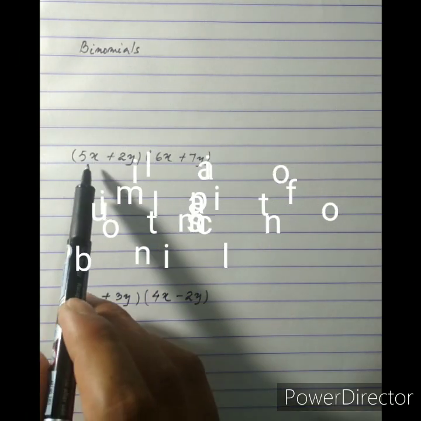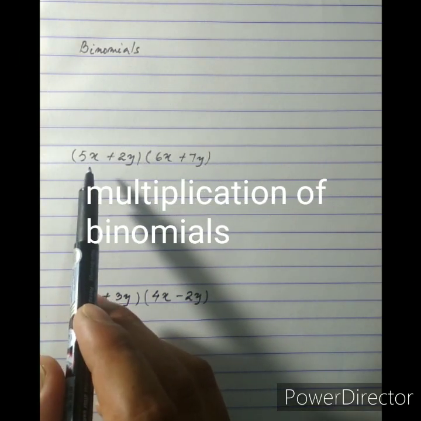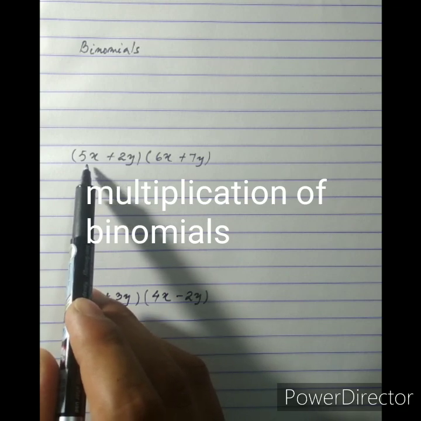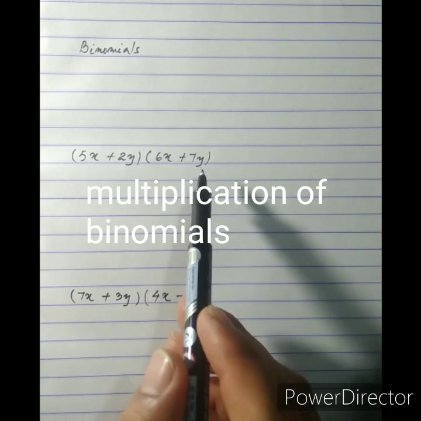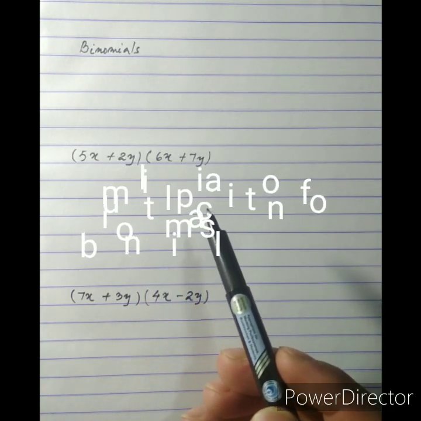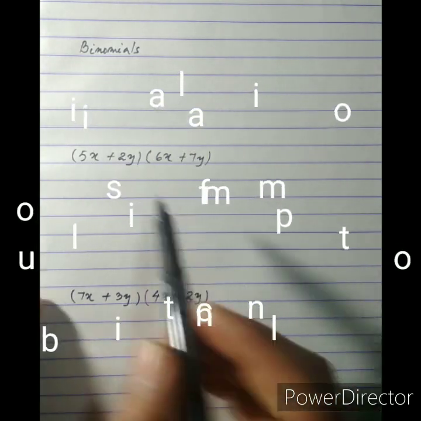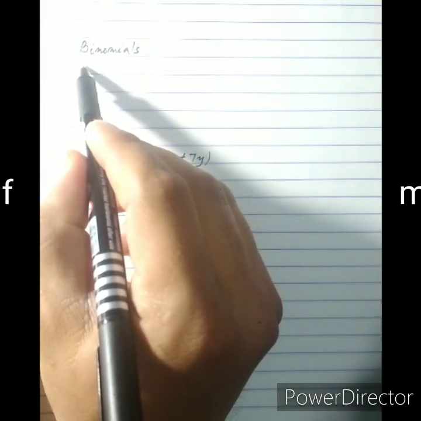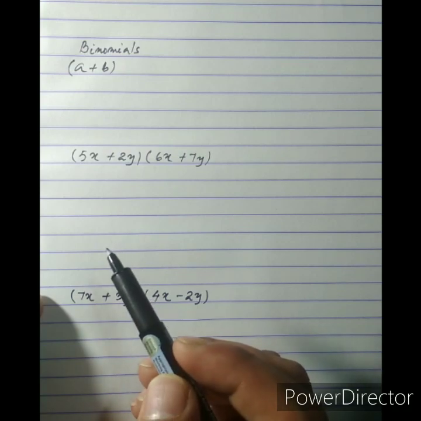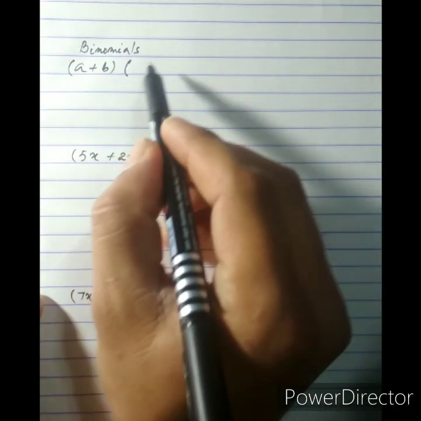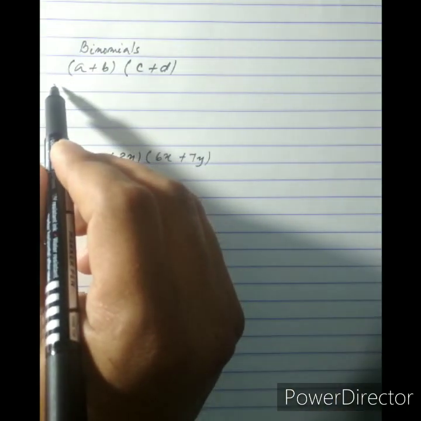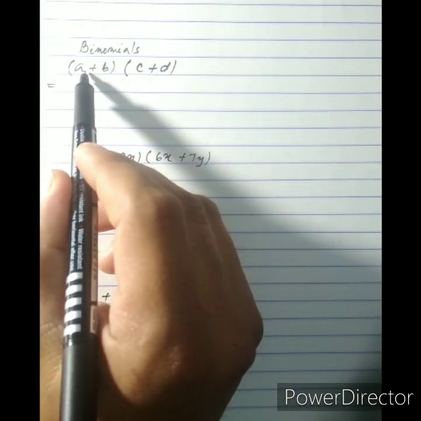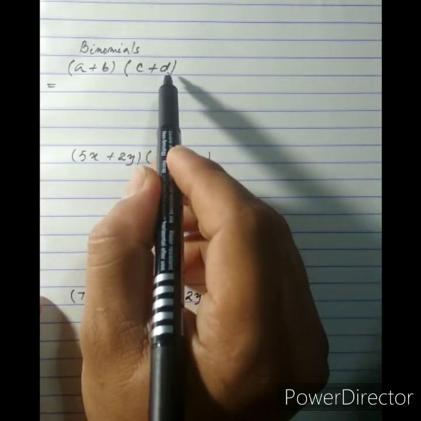Okay, next let's see binomials. Binomials mean in that algebraic expression there will be how many terms? 2 terms. The first one there are 2 terms, even in the second one there are 2 terms. Now before we start, let me just tell you the rule. Let us think that a plus b is one binomial and there is another binomial called c plus d. So what we'll do is this a will multiply to c plus d first.